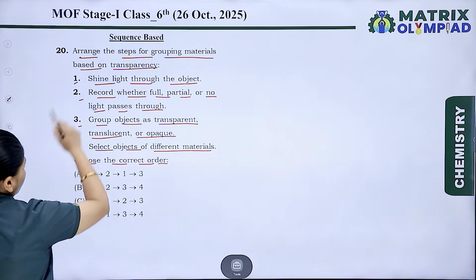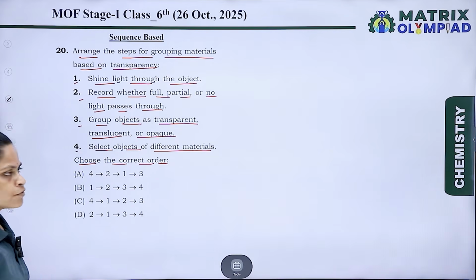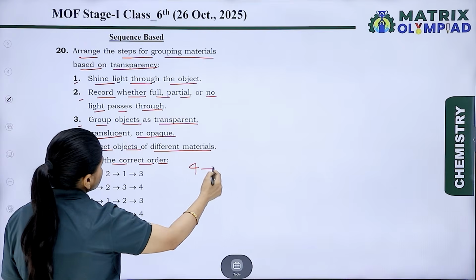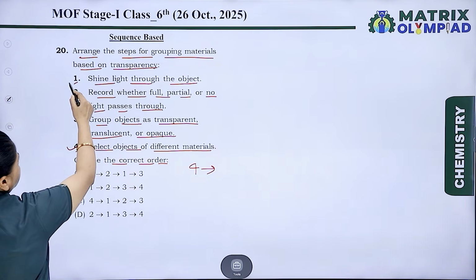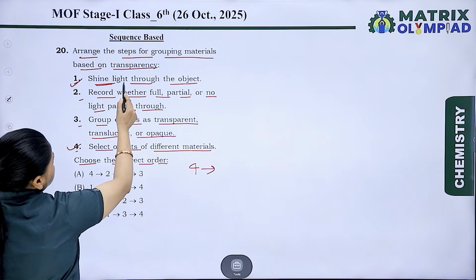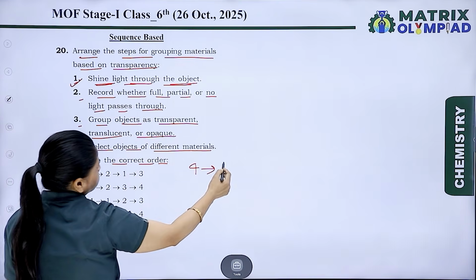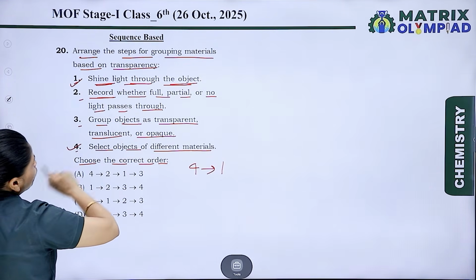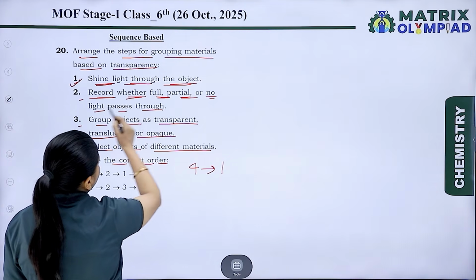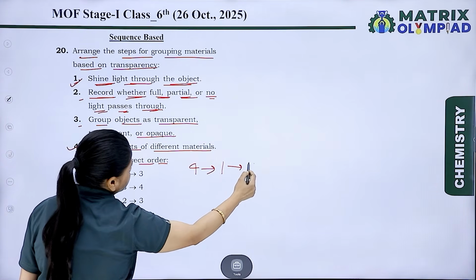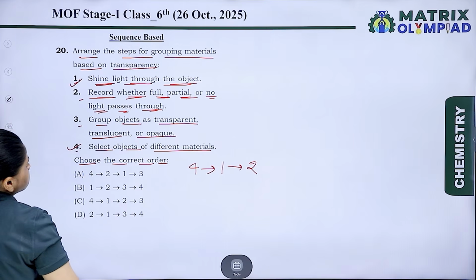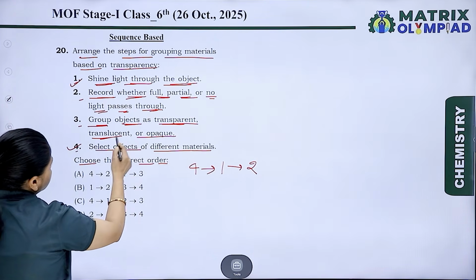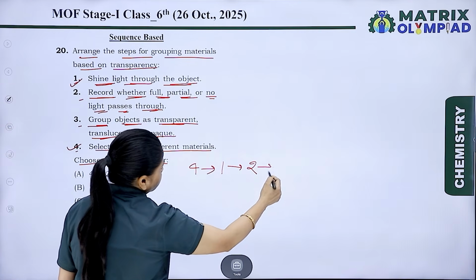According to these 4 steps, we choose fourth as the first step. Now after 4 we can choose 1, shine light through the object, and after this we record whether full, partial or no light passes through, that is second, and the last step will be third, group object as transparent, translucent and opaque.